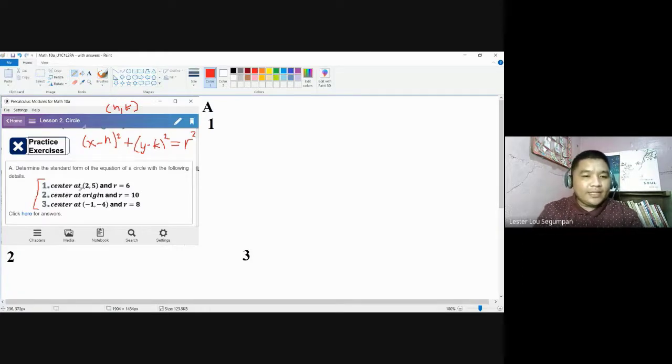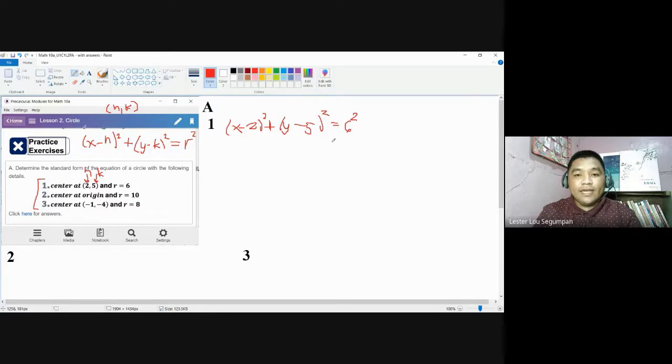In number 1, the center is at (2, 5). Simply substitute the values into the standard form, where 2 is the h value and 5 is the k value. That would be (x minus 2) squared plus (y minus 5) squared equals r, which is 6 squared.